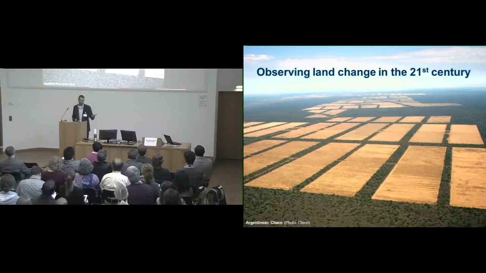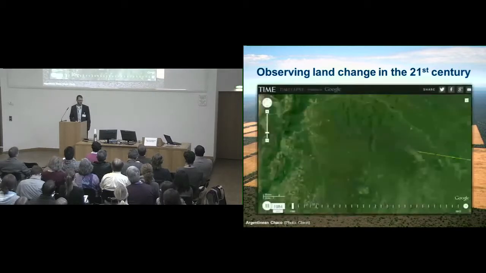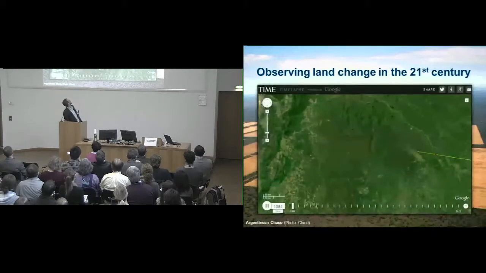Now, we cannot just zoom into this region and see what's going on there in great detail using tools like Google Earth, but we can also go back to the satellite record that we have now for about 30 years or so, and try to understand how this process, in this case the deforestation process, worked. And I'm not sure if this video is going to start now.